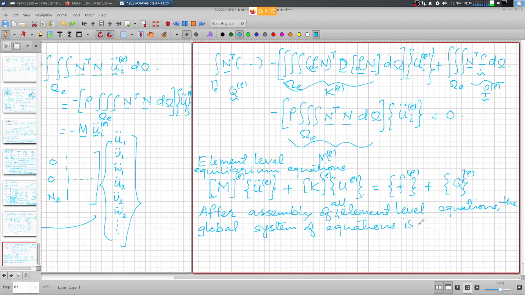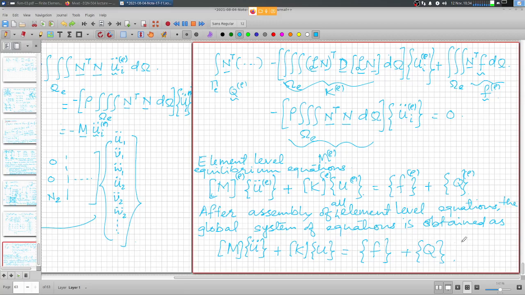is obtained as M u double dot plus K u is equal to F plus Q, whatever. Right?